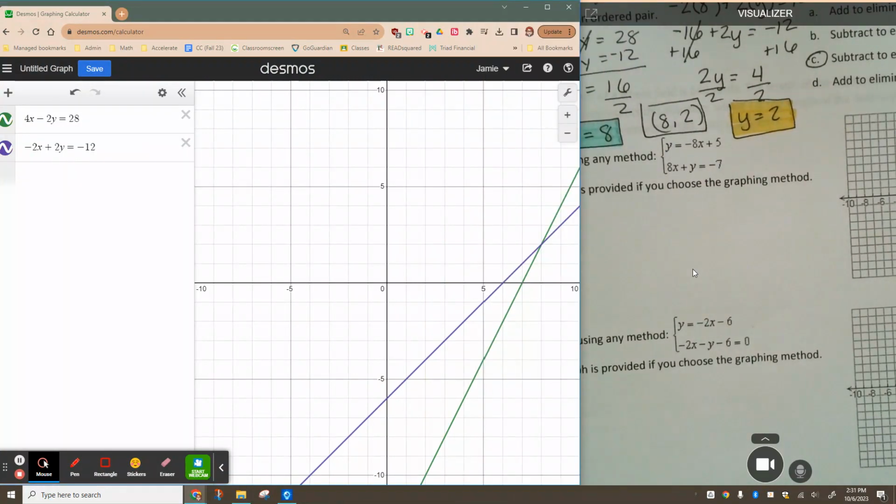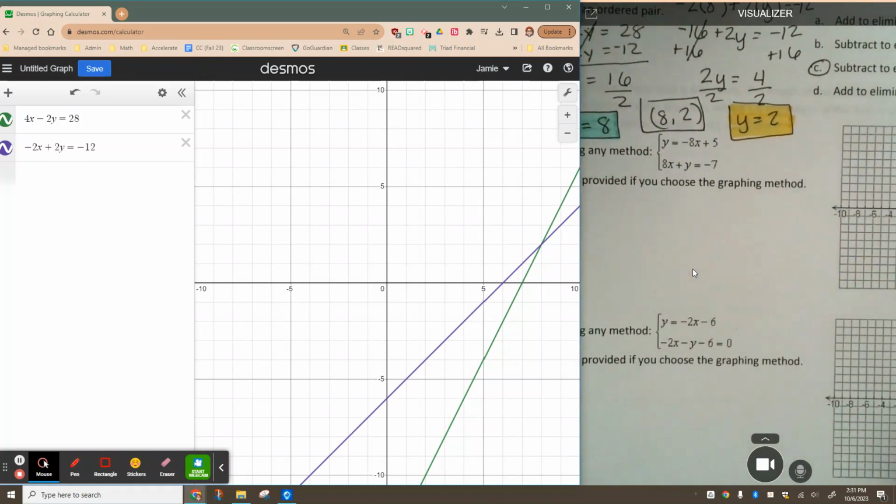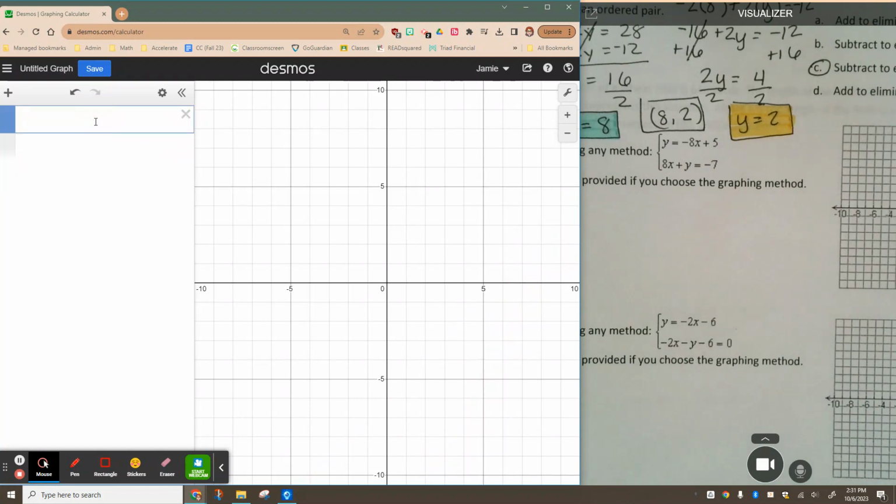You are so welcome to use substitution or elimination. So what I would recommend you do now is to pause the video and then come back and check your work and make sure that we all got the same thing. Okay, so I'm just going to graph using Desmos. If you want to use substitution or elimination, go for it. Just pause it and check your answers.